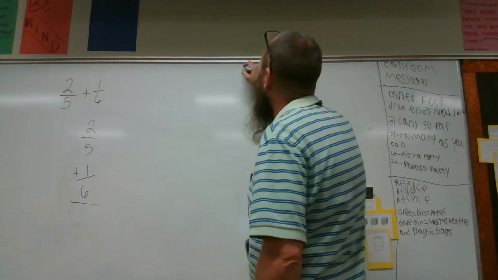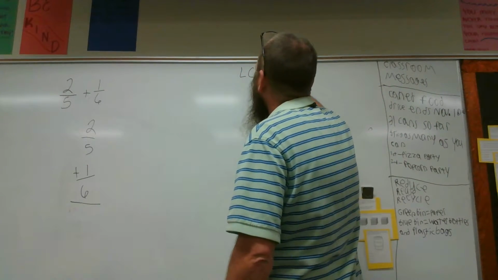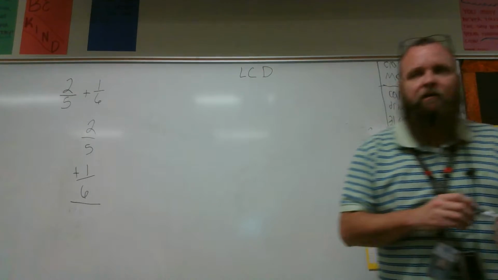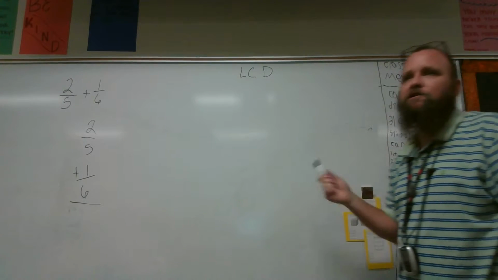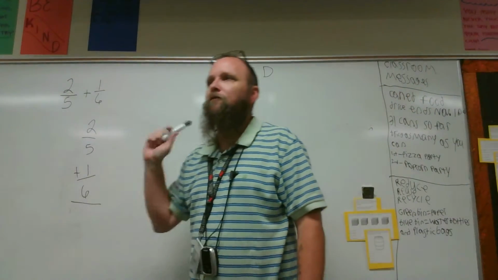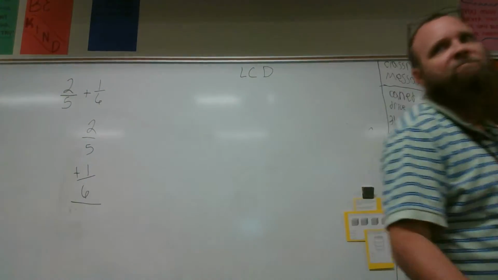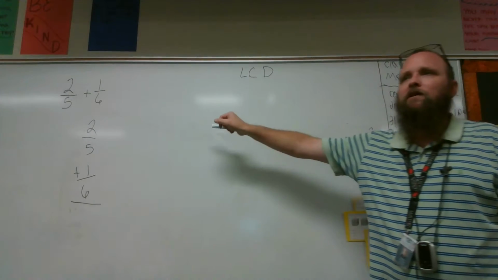Least common denominator. We have to find our least common denominator. Now we did this last week where we were given two fractions and we just had to find the least common denominator of those two fractions and change them to an equivalent fraction. Right, Ricky?